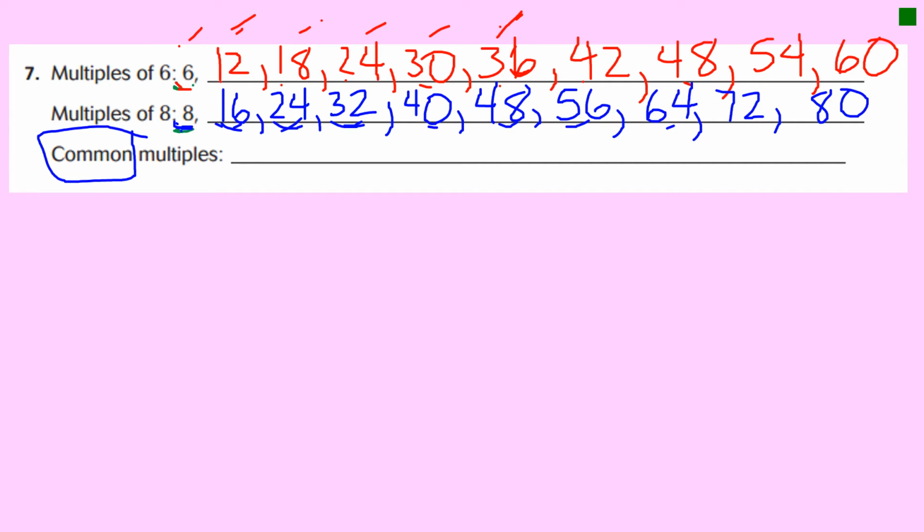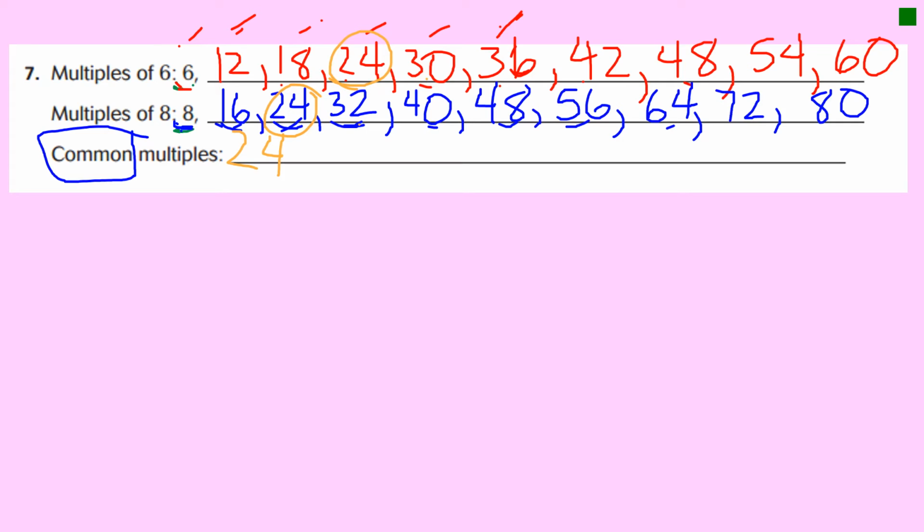Now, look at that word common. We've talked about that word before also. It means what's the same about them. Okay, what do they have in common? Let's see if they have any in common. There's one, right? 24, 30. Is that the only one? Keep looking. Oh, I see one more. Do you guys see it? It's in the 40s. See if you can find it.